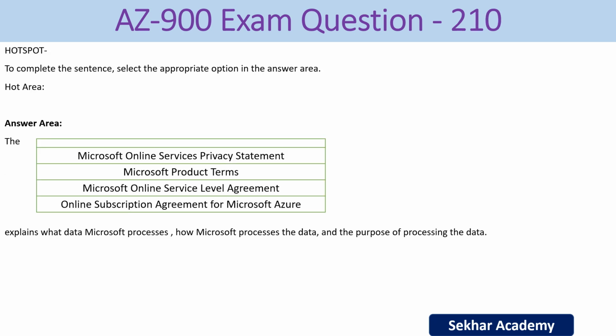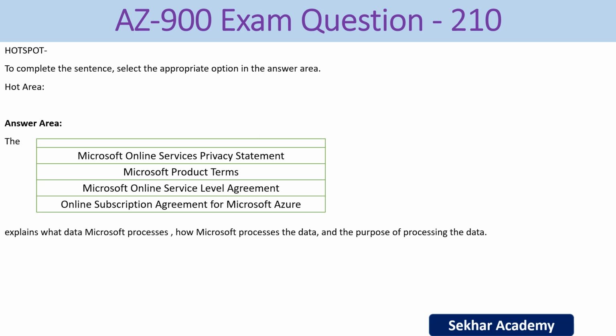AZ-900 exam question number 210. To complete the sentence, select the appropriate option in the answer area. Choose the right solution here: it explains what data Microsoft processes, how Microsoft processes the data, and the purpose of processing the data.